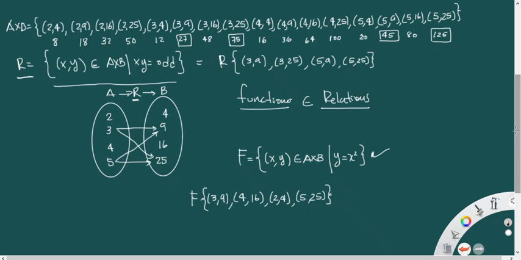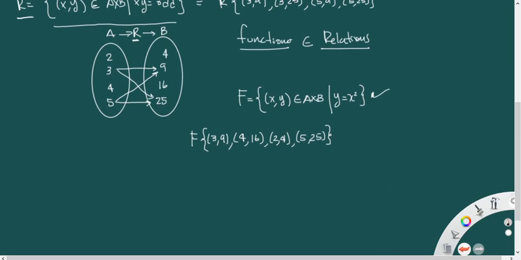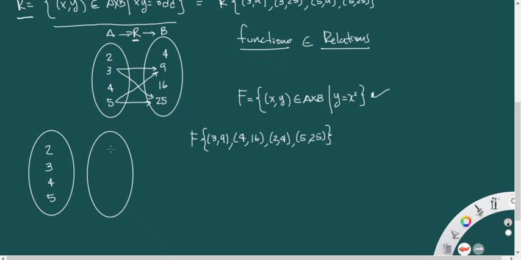If we use our old guy here, our arrow diagram, to represent this new set, let's rewrite our set A, 2, 3, 4, and 5, and our set B, 4, 9, 16, and 25.